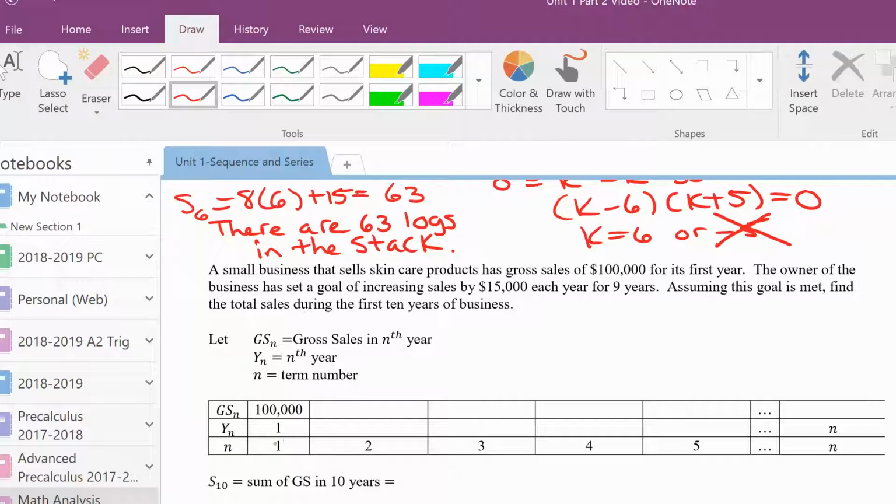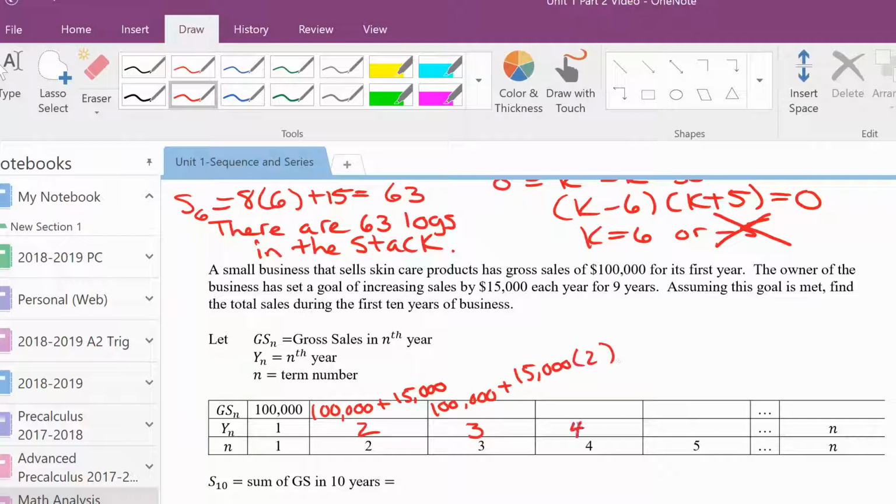So the first term is the first year, which he made 100,000. The second term is the second year, where they made 100,000 plus 15,000. In the third year, they made 100,000 plus 15,000 times 2.